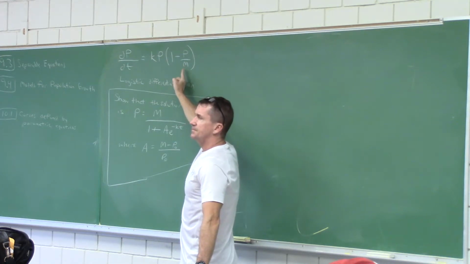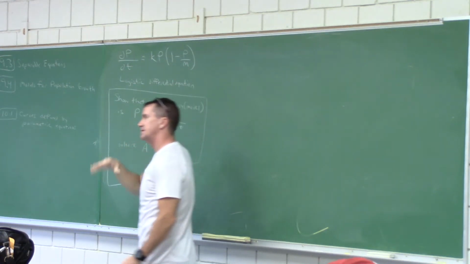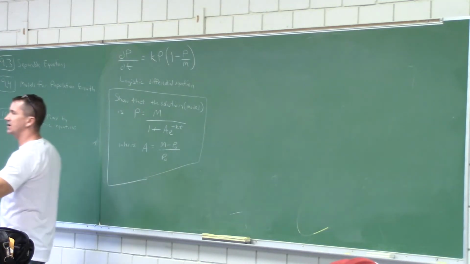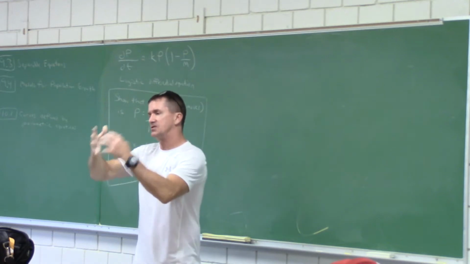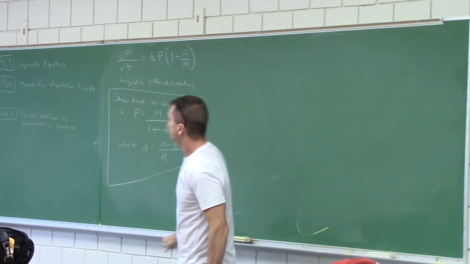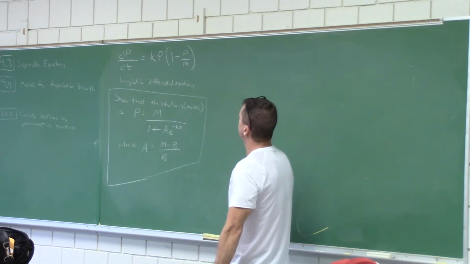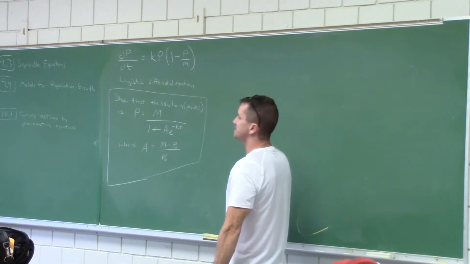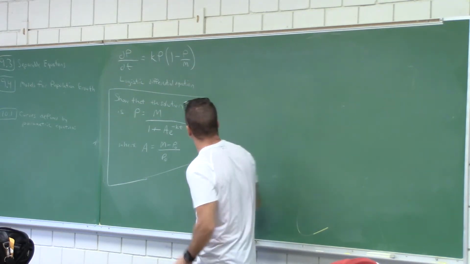This M is called the maximum capacity, or the carrying capacity. Some environments just have a certain population that it can't go over. That's that carrying capacity. Whatever environment it is, the population's not going to exceed this population size, which is what you saw with this.